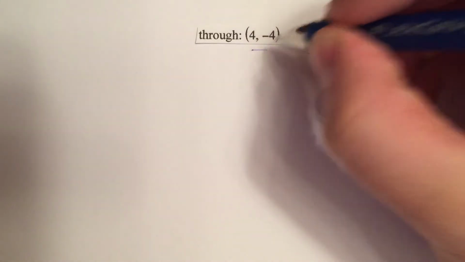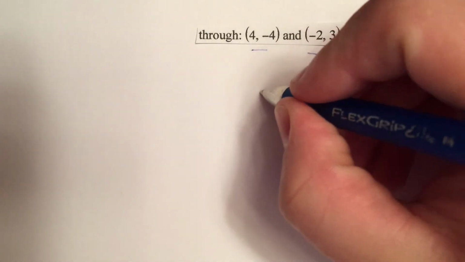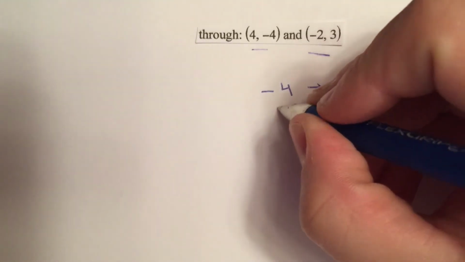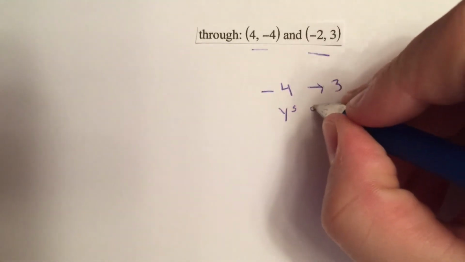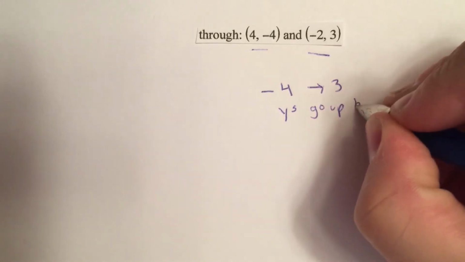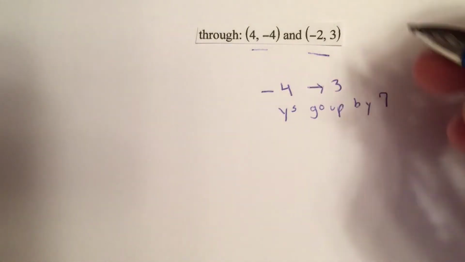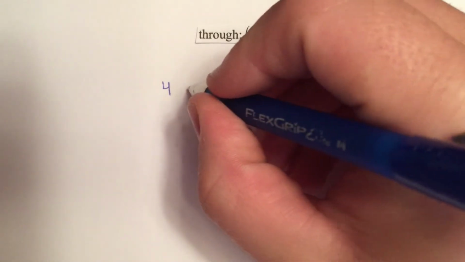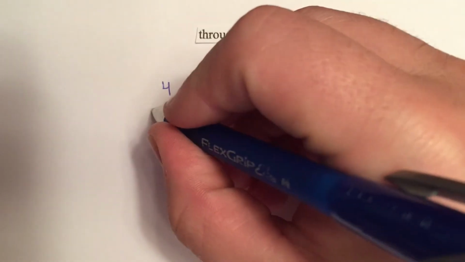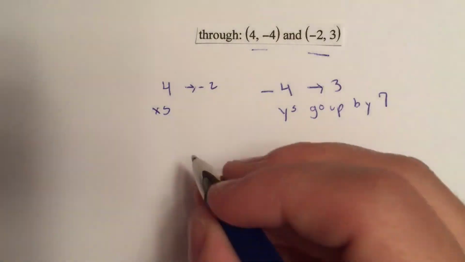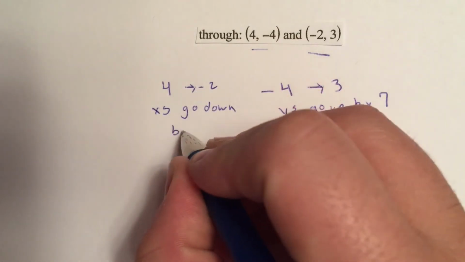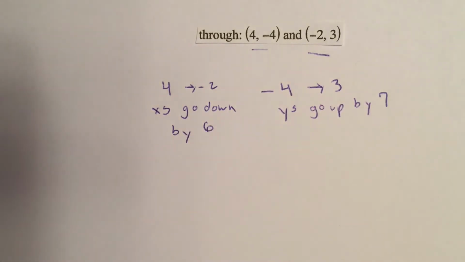So I can see here that my y value goes from -4 to 3. To get from -4 to 3, the y's go up by 7. For the x's, it goes from 4 to -2, which means the x's go down by 6.